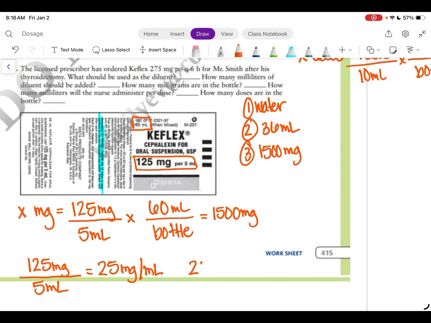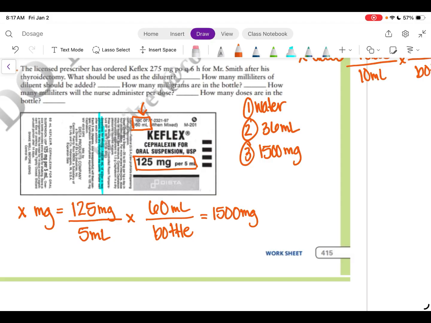And then you take that 25 and multiply by the 60, right here, 60. And you'll get the same 1,500 milligrams. Okay. I'm gonna erase this again so I have space.